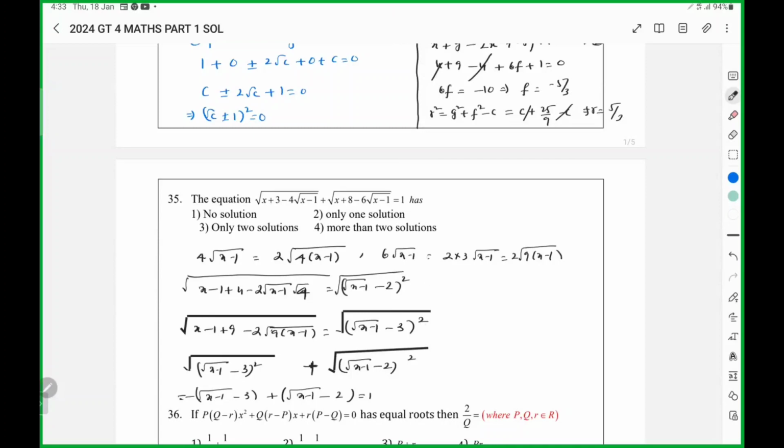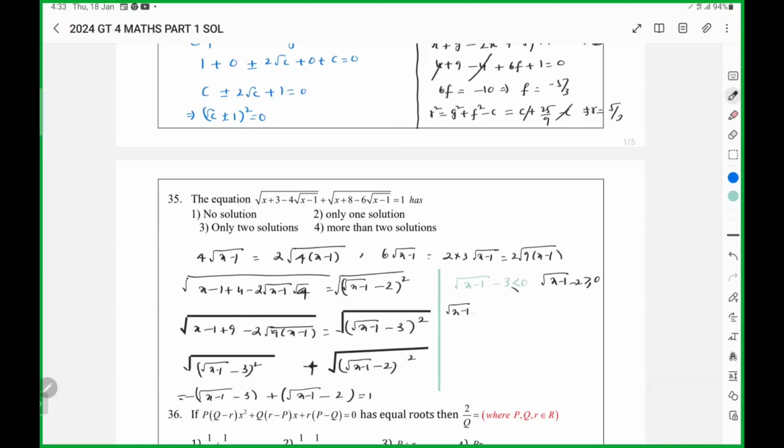So he said equal to 1, that means it is possible if root of x minus 1 minus 3 is less than 0 and root of x minus 1 minus 2 is greater than 0.